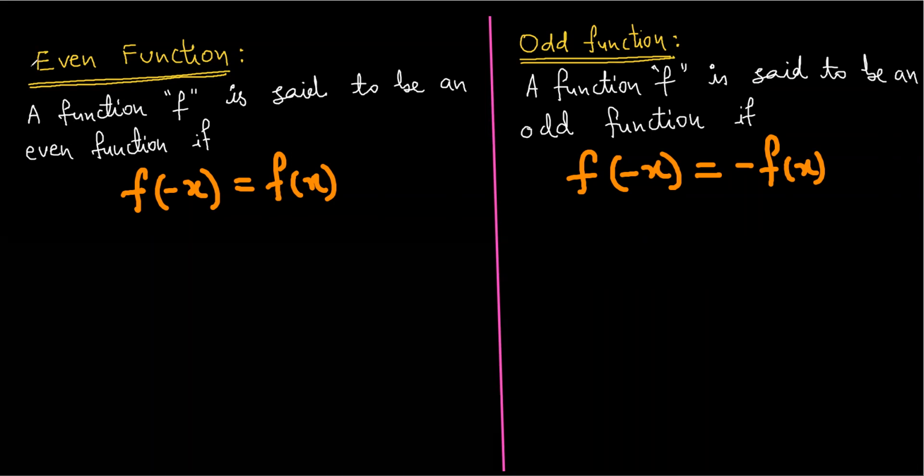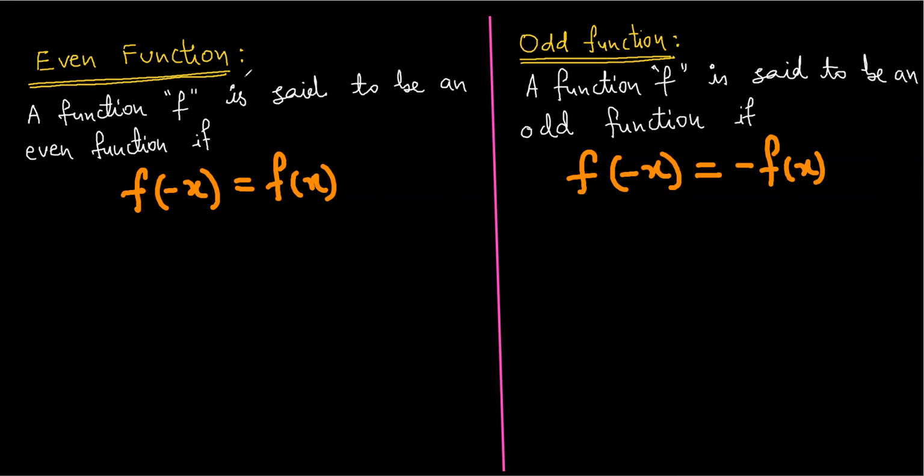What kind of functions are known as even functions, and which are known as odd functions, we are going to see. So let's have the even function first. A function f is said to be an even function if f of negative x and f of x are equal.